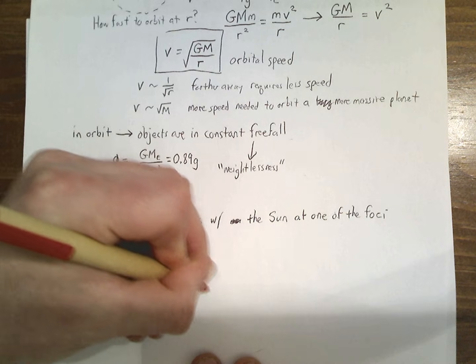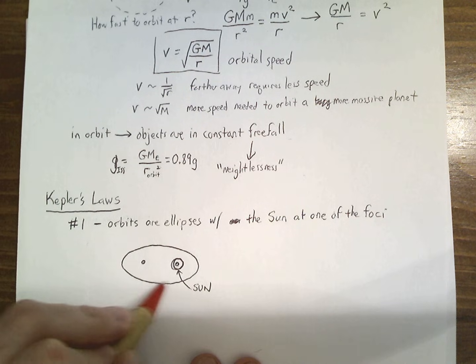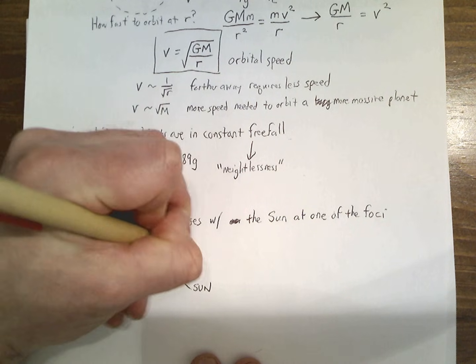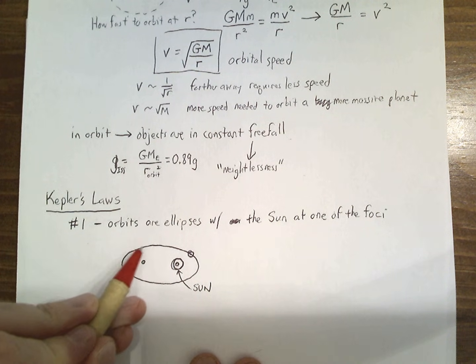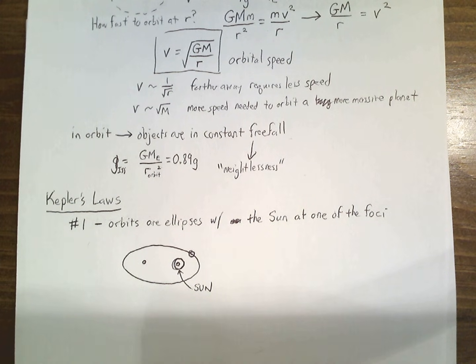So the sun is located at, say, that focus, and the object moves around this oval path around here. There are some points in the orbit where it's really close to the sun, and it's further out when it gets to the other side of the sun. So the distance from the sun is not always constant. For the Earth, it's more or less the same.